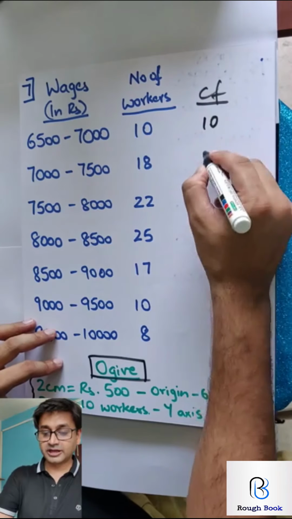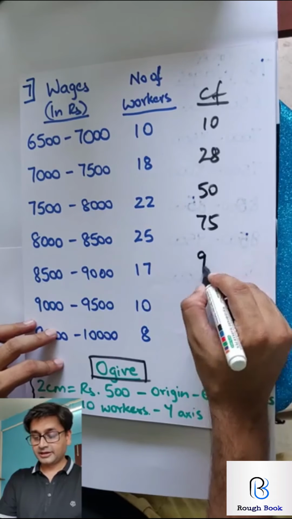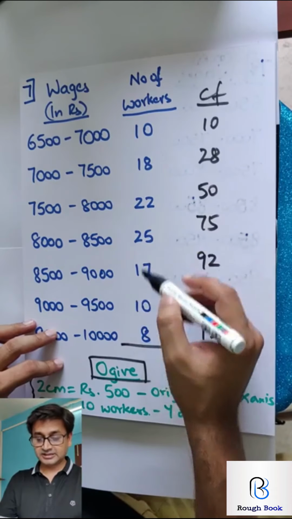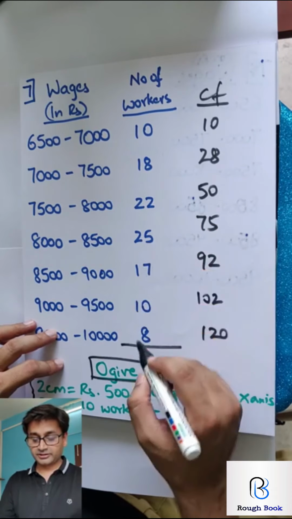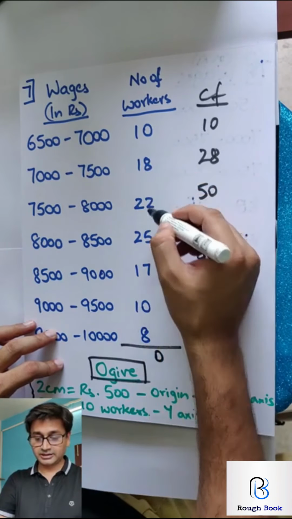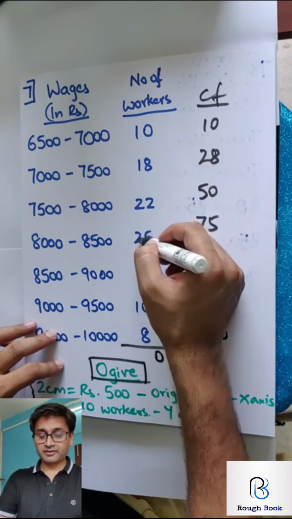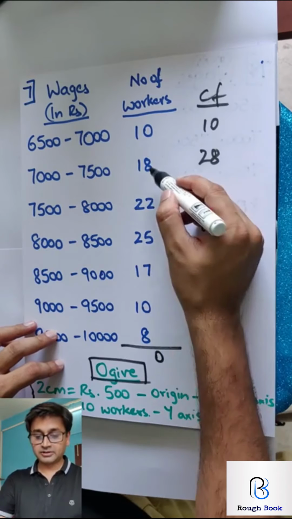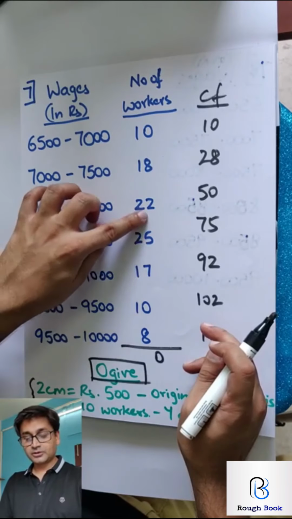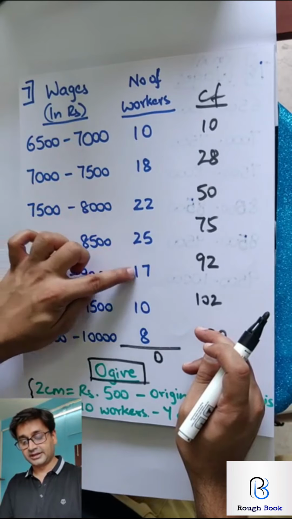Chalo, let's begin. So 10, 28, 30, 40, 50, 75, 92, 102 and 120. Let me check. 8 plus 8 is 16, plus 5 is 21, 22, 23, 30, 3 carried over, 4, 5, 6, 7, 8, 9, 10, 11.